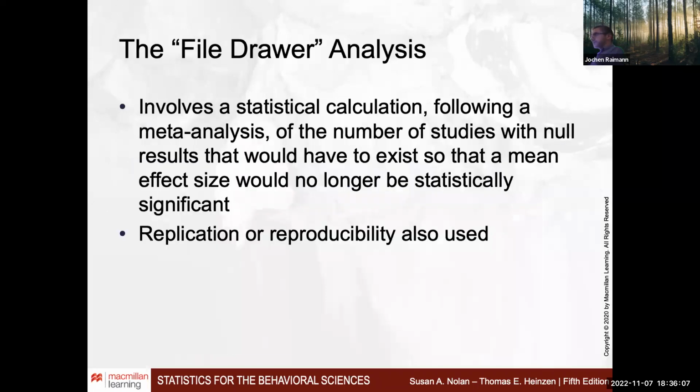So if studies were not published and they ended up in a file drawer, this hypothetically may have lessened the true effect. And you aim to estimate how many of these studies must have existed to basically render these effects negative. So it's a simulation that tries to present to the reader how solid that estimate actually is. Yeah.